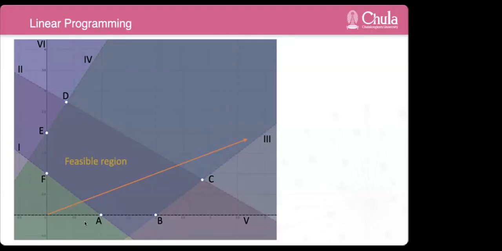If we consider A, maybe the perpendicular line is here, right? You see that we can go further down until we reach here, perpendicular to it. But one thing you must be careful about is the scale.